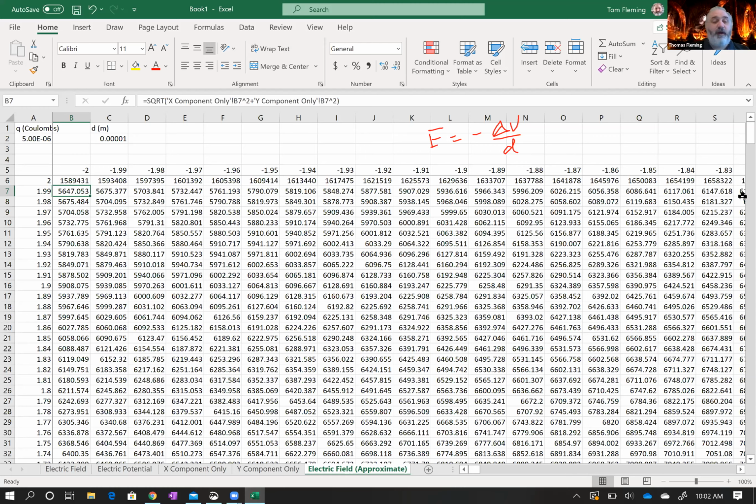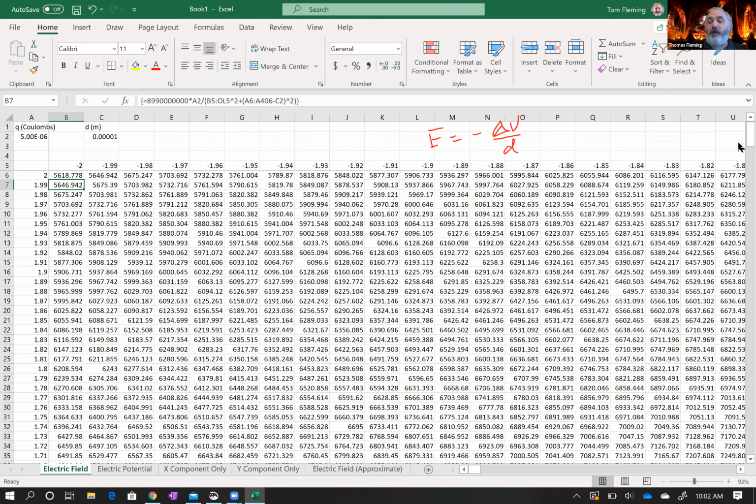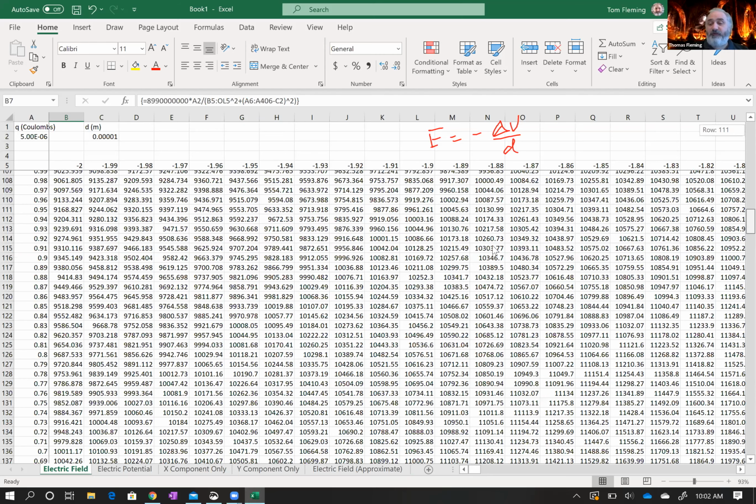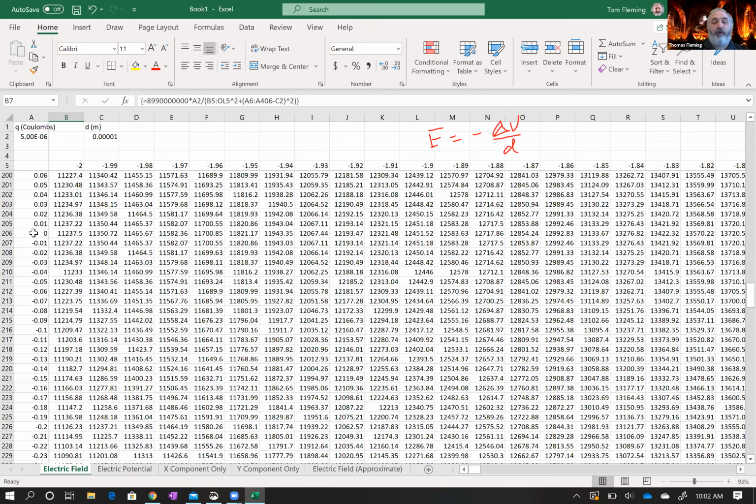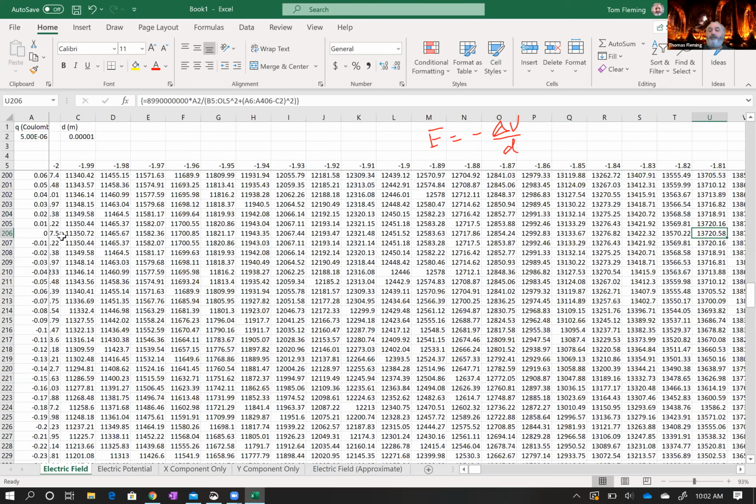What if I instead try looking at somewhere near the origin? So I'm going to scroll down. Oops, too much. So here is y equals 0. So the y-axis is this entire row here. And I'm going to scroll that over until I get somewhere close to the middle.